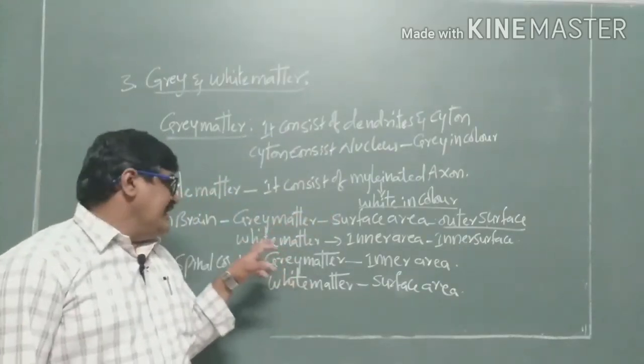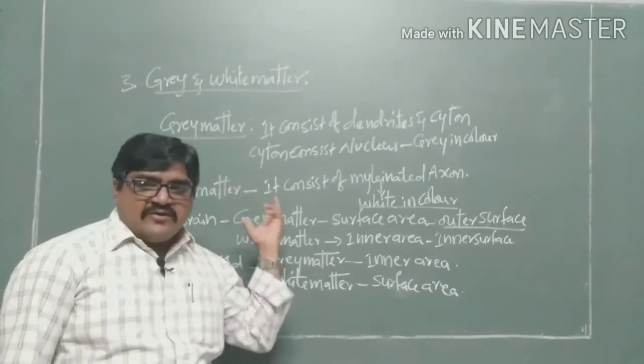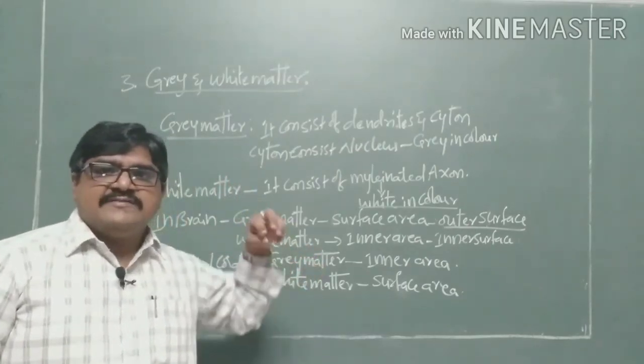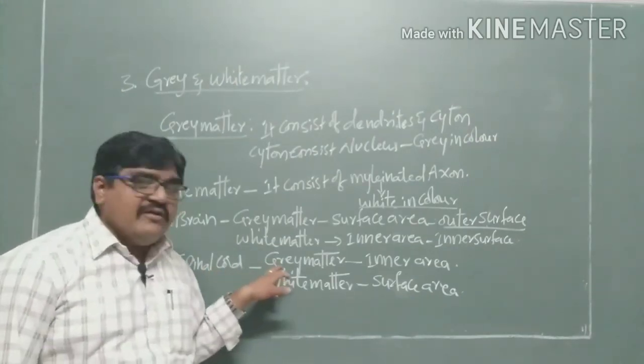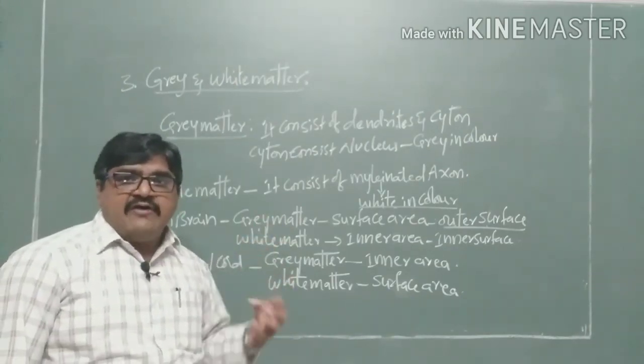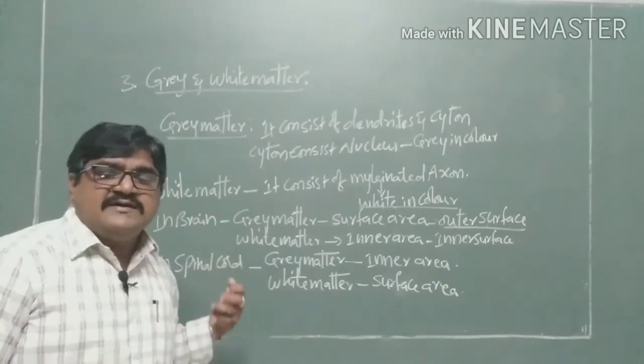So in the brain, the gray matter occupies the outer surface area and the white matter is present in the inner surface area. But in the spinal cord, the gray matter occupies the inner surface area and the white matter occupies the outer surface area.